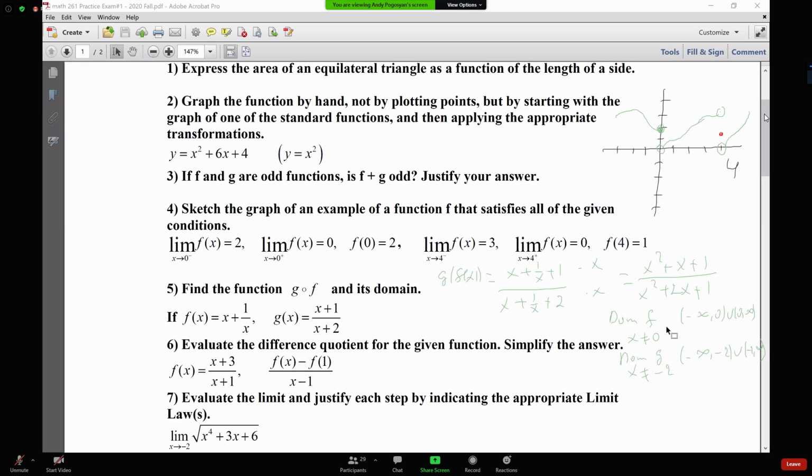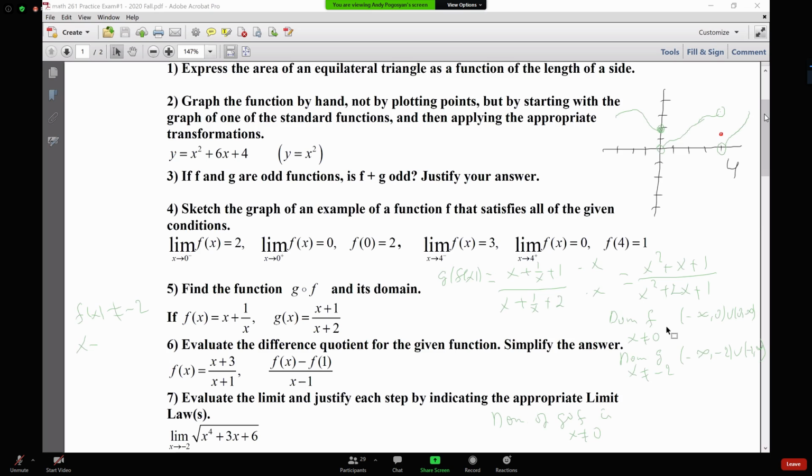Now for g of f, you start from the domain of f, so x cannot be 0, and f should be in the domain of g, but g cannot be negative 2. So you need to write f of x cannot be negative 2.